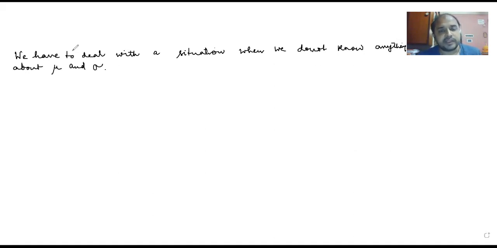We are dealing with a population where mu and sigma are not known to you. Previously, in the previous session, we knew about mu and sigma, but now we do not know anything about mu and sigma. So this is our case 2 actually.